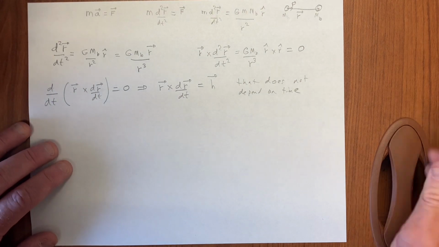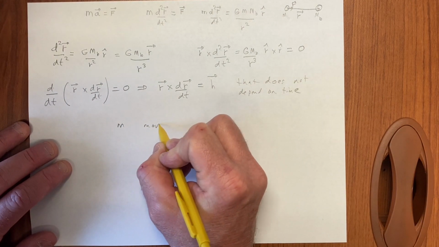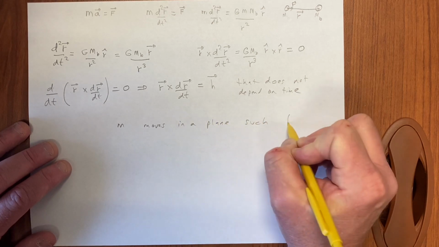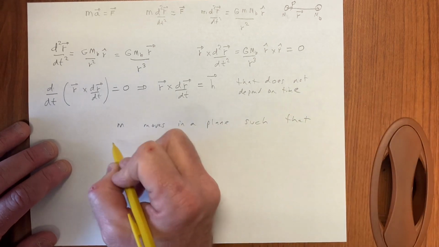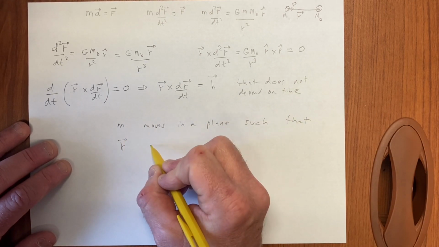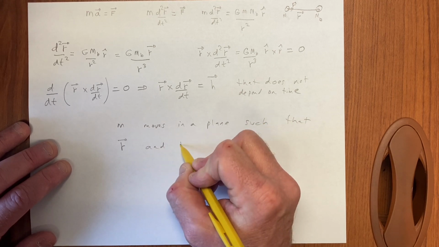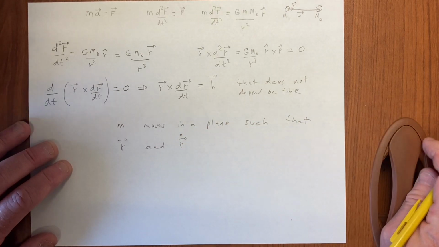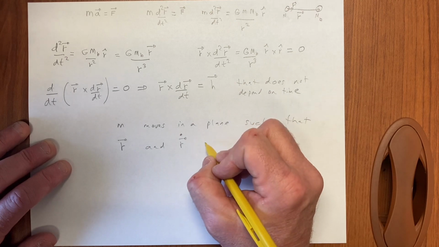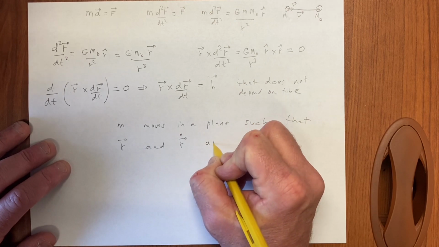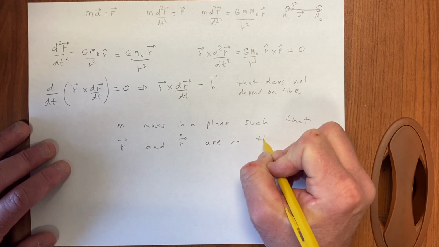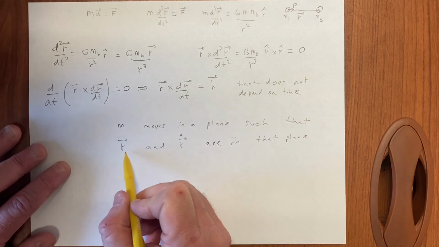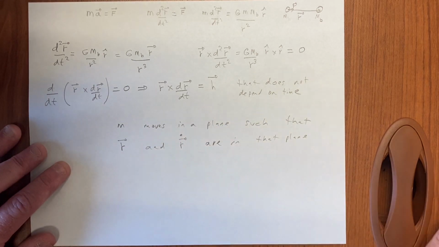Okay, so we can conclude that the object of mass m moves in a plane such that the position and the velocity, dr by dt, or maybe we can write it as r dot, are in that plane. The conclusion here is that position and velocity are always in the same plane.